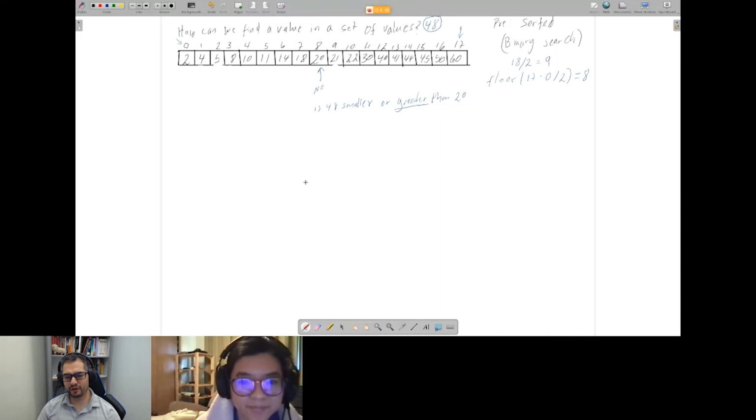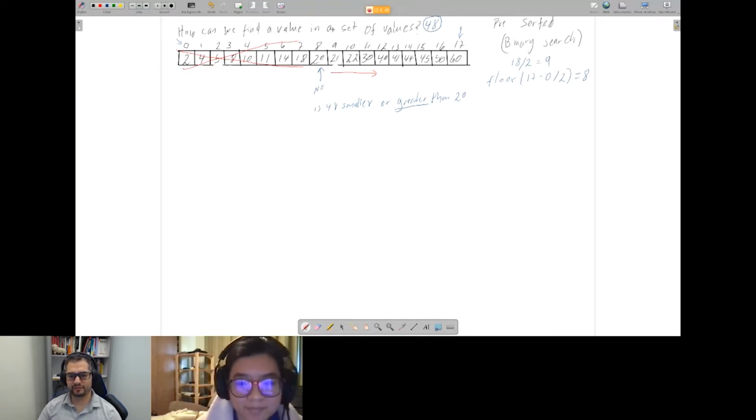So since we know this is sorted, we know we are not going to find it here. So we just cross this whole thing over. I'm going to change it to red. We don't need to look in here. We know it's not there. We're going to look in this section.